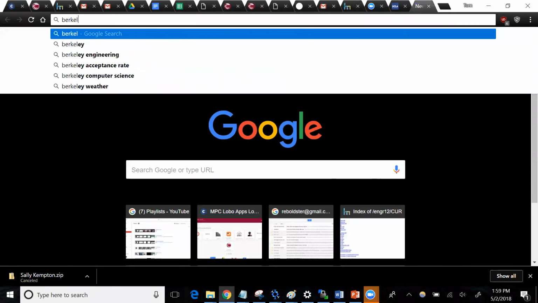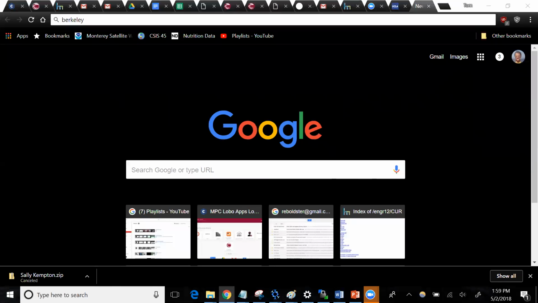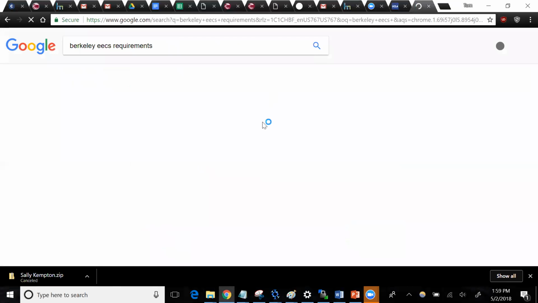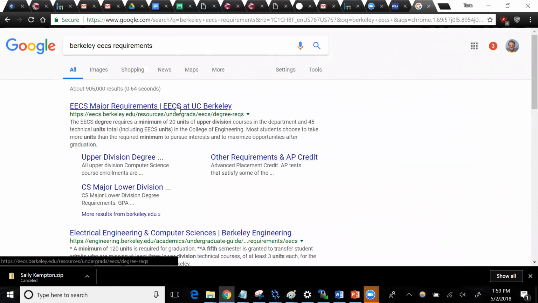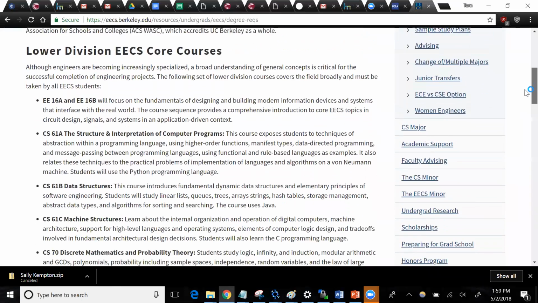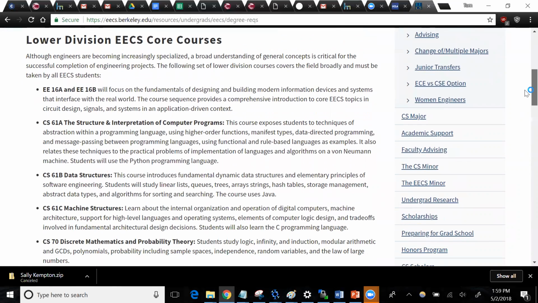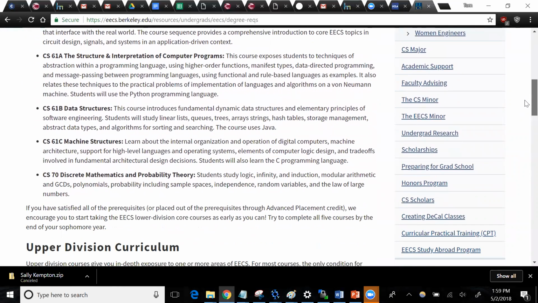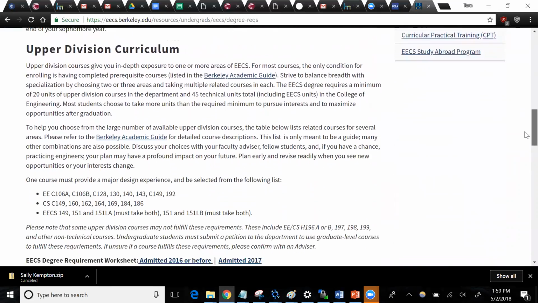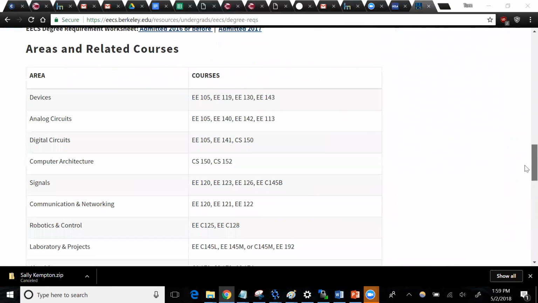Let's look at Berkeley. Core courses are similar. It doesn't tell you what these things are.